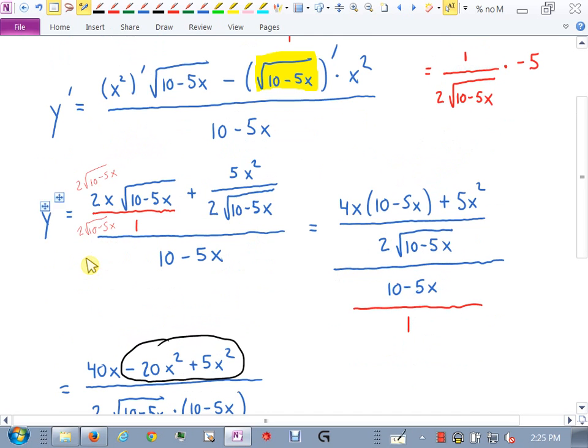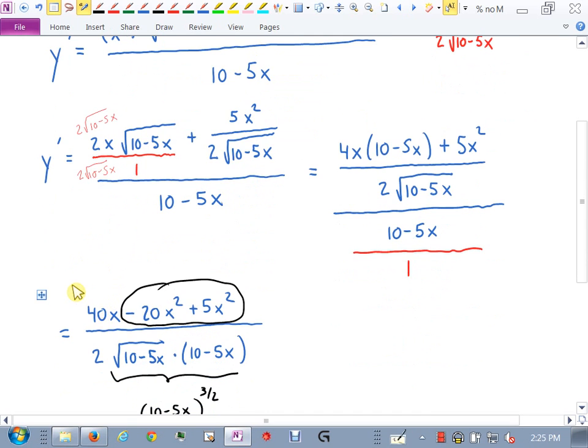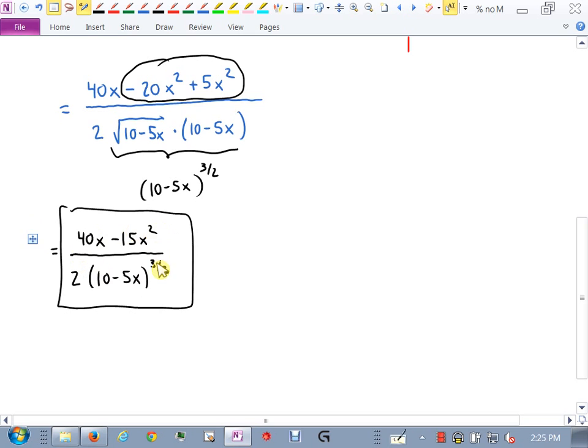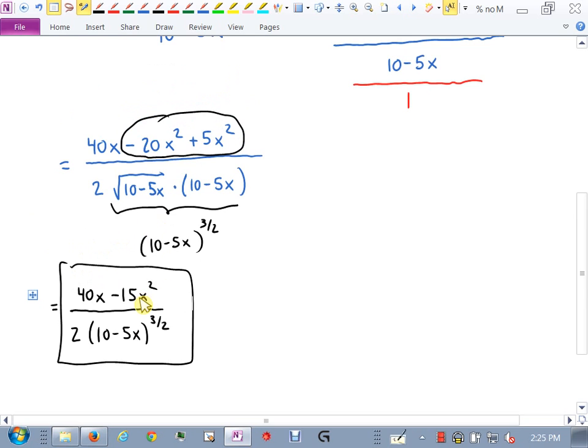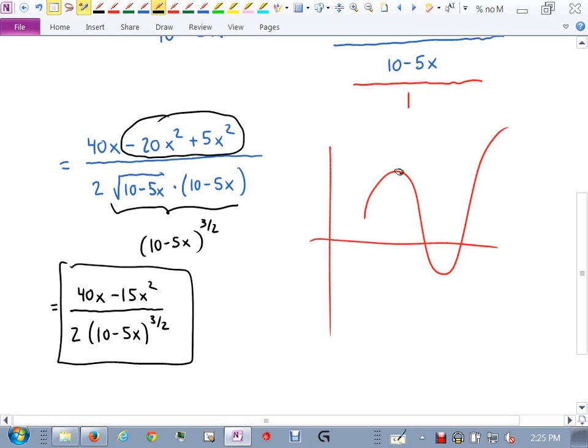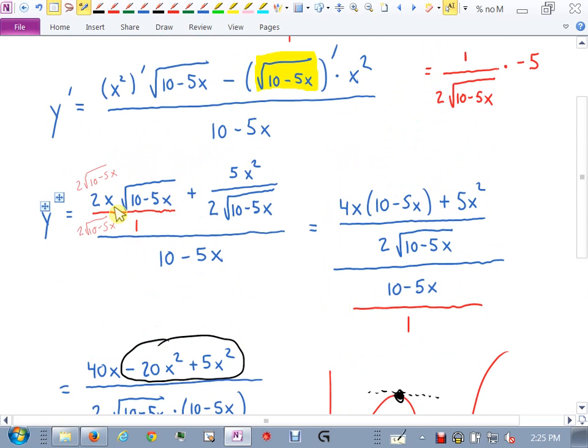Now let me reiterate again the importance of us being able to get to this eventually. Remember that what we're trying to do is look at the graph of a function. We're trying to figure out its highest and lowest points. Eventually we'll be doing this, and to do that, we'll have to find out where the derivative is 0, which means you would have to take this derivative and set it equal to 0, right?